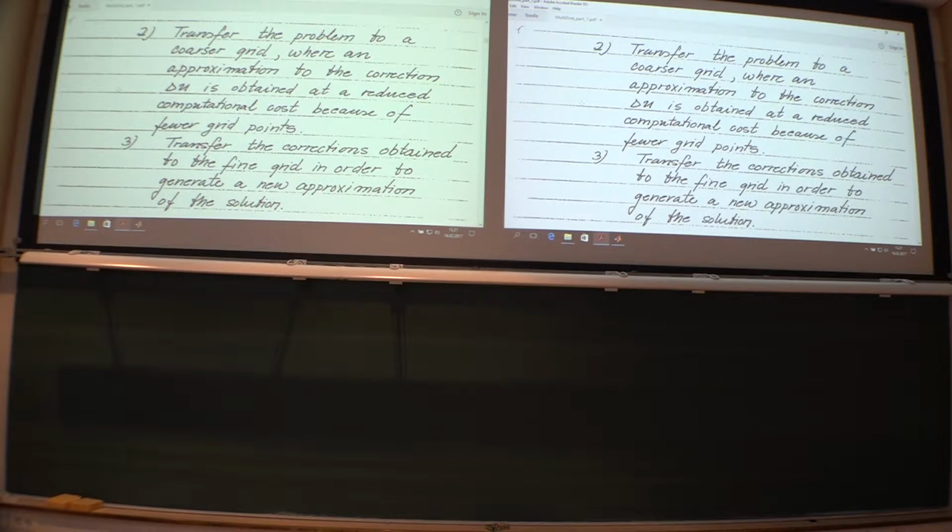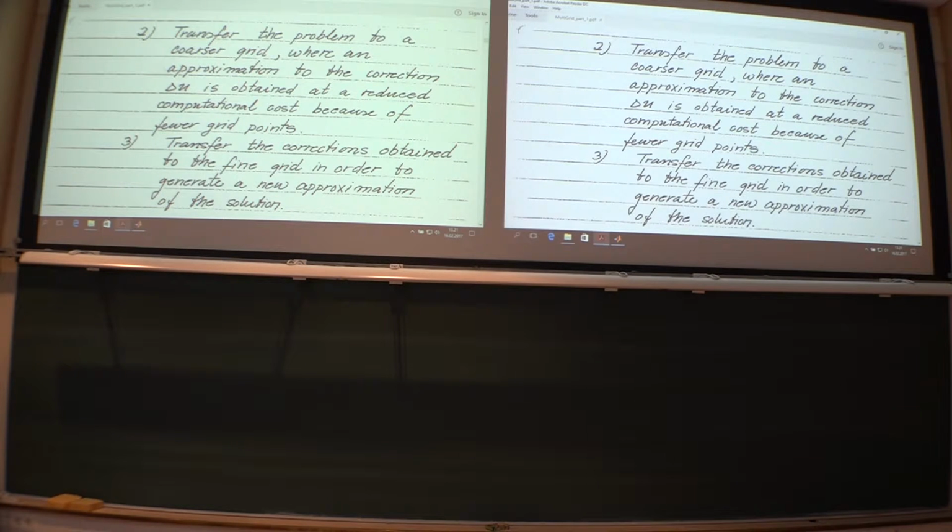There, your low-frequent modes of the error will now appear more high-frequent. And then we do some iterations here, or we might even solve the equation system on the coarse mesh. In 3 dimensions, if you take only every second point, you are down to 1 divided by 8 in numerical complexity, in the number of unknowns. So the problem will be much smaller.